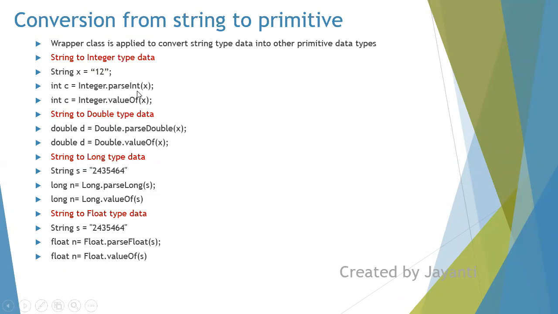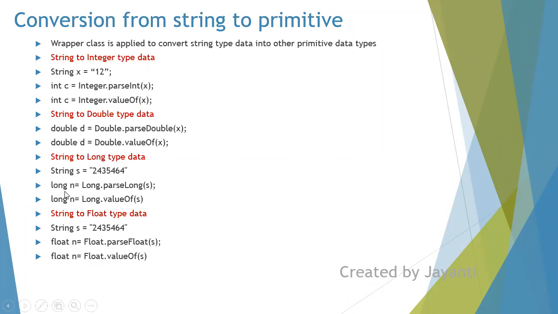Normally if they ask you which is the function to convert a string into integer data type, write parseInt. Don't write valueOf, because valueOf is a common thing for everyone. parseDouble: if you want to convert a string into double, then Double.parseDouble. What is Double here? This is a wrapper class. If you see an uppercase letter, that means it's a wrapper class. What about long?